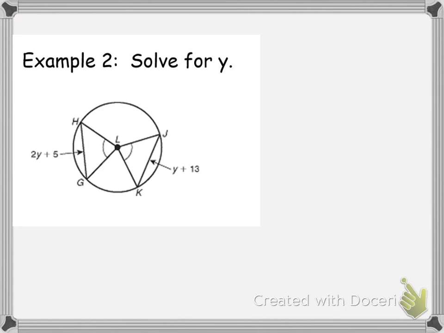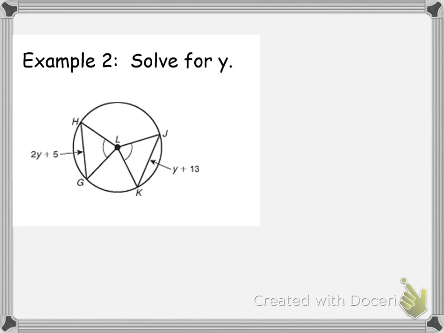So let's try this one. This picture goes back to a couple slides ago that looked very similar with those two congruent triangles. As we mentioned, anytime that you see those central angles congruent, both the chords opposite them and the arcs are always congruent. So with these two, you have y plus 13 for chord JK, and you have 2y plus 5 for chord HG.